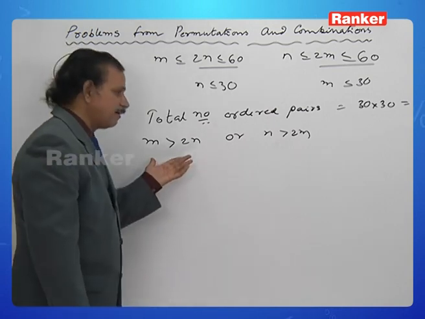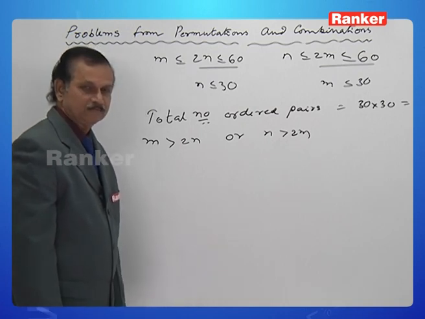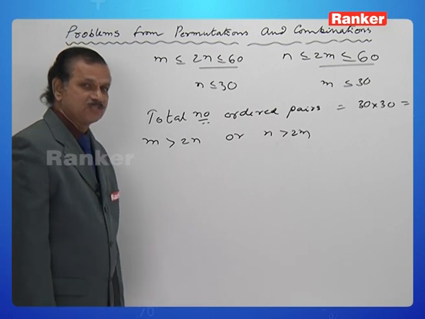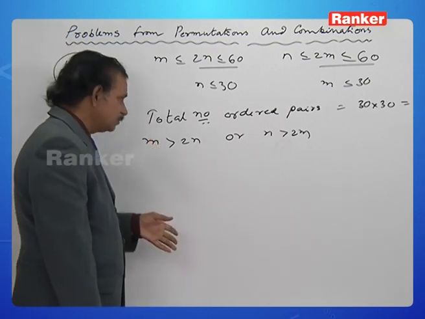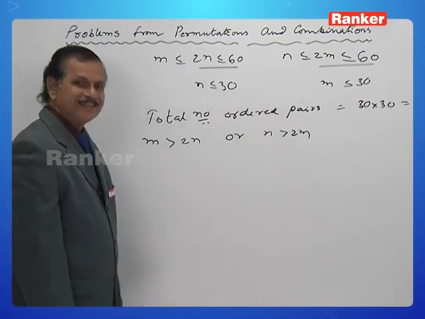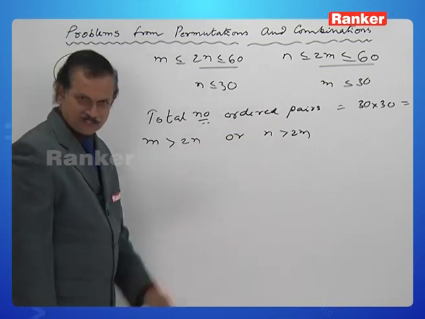How many such ordered pairs are there? We shall calculate. You see, if you observe symmetry, the number of ordered pairs like this and the number of ordered pairs like that will be the same. We now calculate one of them, either this or that.